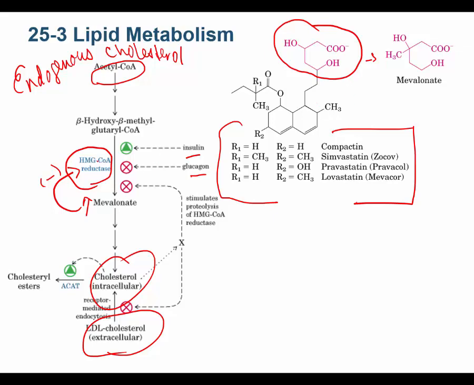And therefore, these drugs inhibit hydroxymethylglutaryl-CoA reductase, and you don't make endogenous cholesterol. And then all you have to do is lower your cholesterol in your diet, and you're good to go. Okay, folks, that's it for the lipid metabolism.